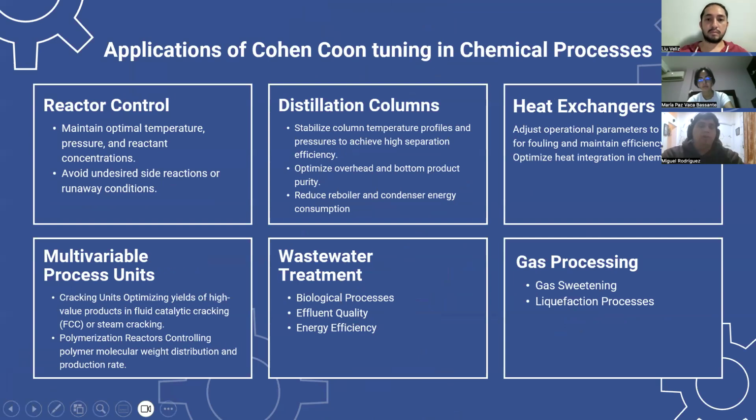Cohen-Coon tuning is a powerful method used in chemical processes to optimize control and enhance efficiency. In reactor control, it helps maintain the right temperature, pressure, and reactor concentration, preventing side reactions and runaway conditions.